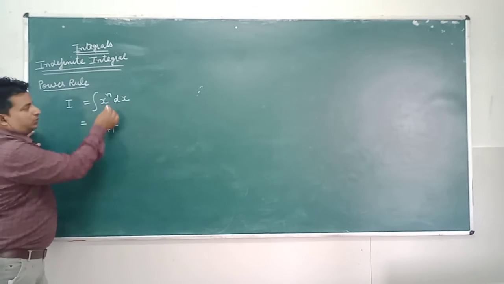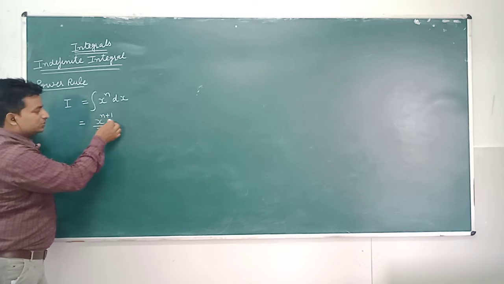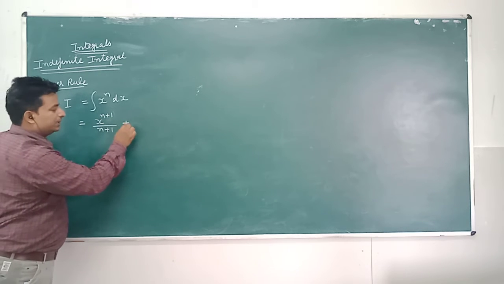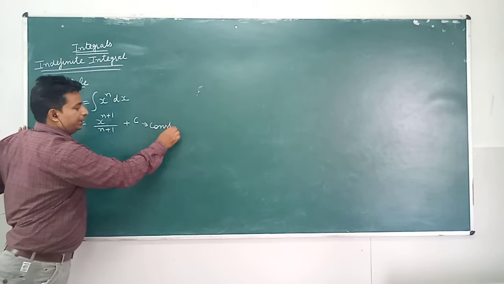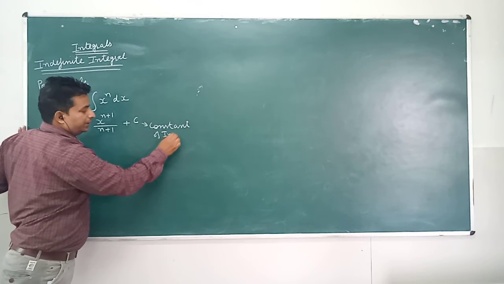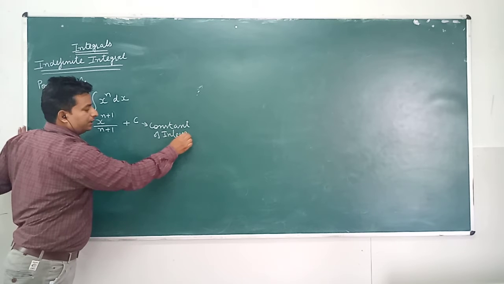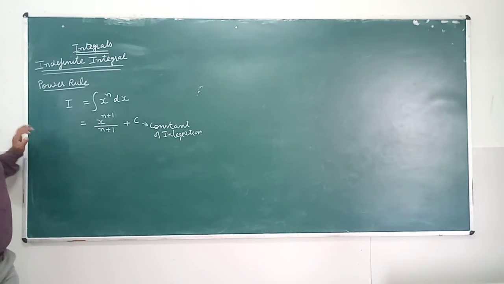This is the power rule. Add 1 to the power and divide by the new power, plus c. C is the constant of integration. The constant of integration is written in indefinite integral only. So this is called the power rule.